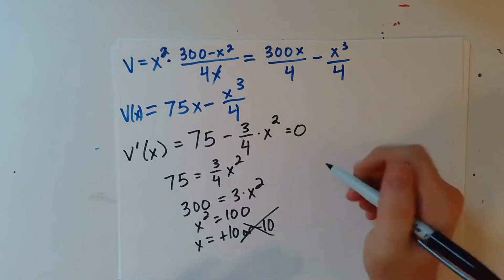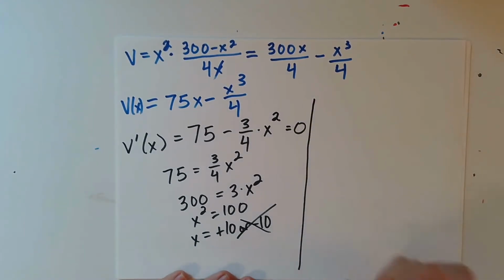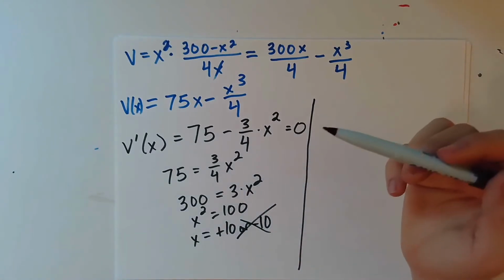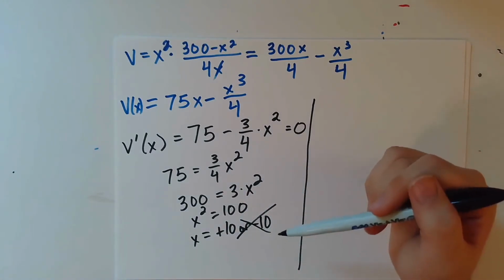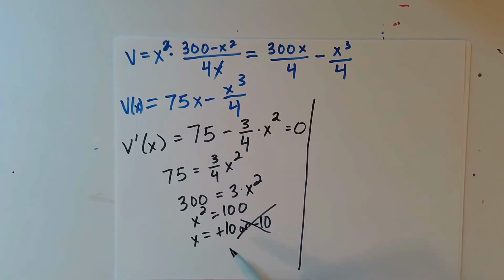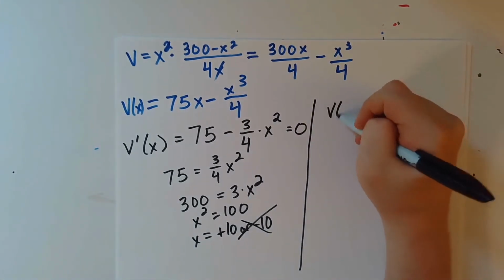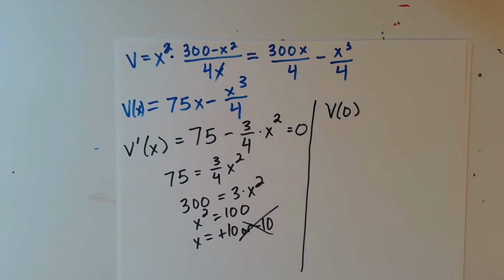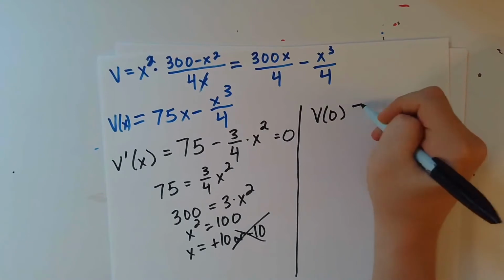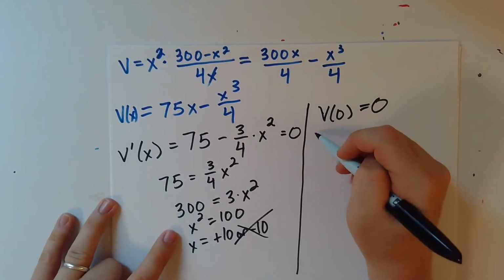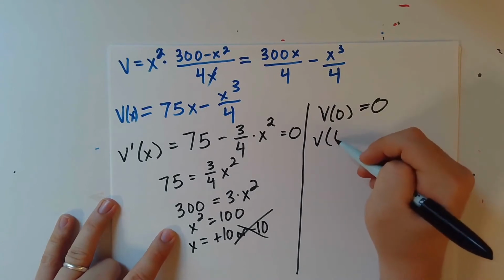So we want to evaluate the volume at both the endpoints, that is, when x is as big as it could be and x is as small as it could be, and at this critical number, x equals plus 10. So the smallest x could be is 0. So I would have a box that is 0 by 0 by something. That would definitely have 0 volume. I have my V of 10.